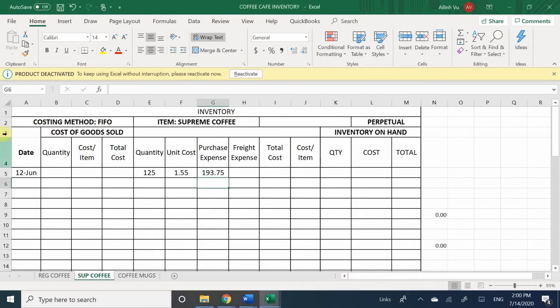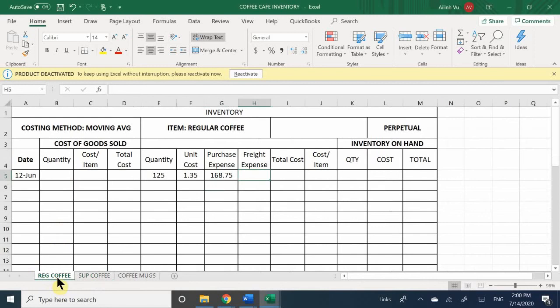That is correct, because now we're introduced to our freight for our products. So again, inventory is everything included to get the asset to the store. So we need to include the freight. Now we remembered that freight was $31.25. So that gives us a total cost of what? 225. Good.